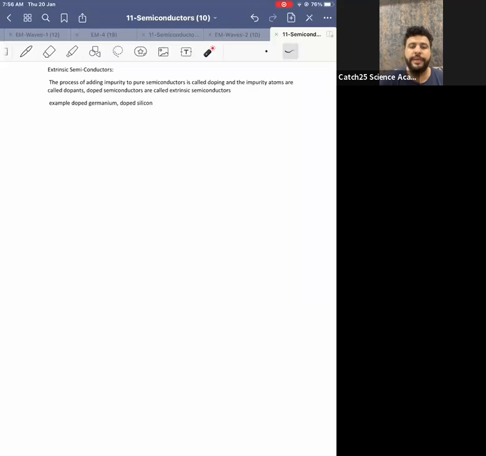Example, doped germanium and doped silicon. Okay, so make a note of this. Write down the side heading extrinsic semiconductor and write down the process of adding impurity to pure semiconductor. Same thing what is written right now.